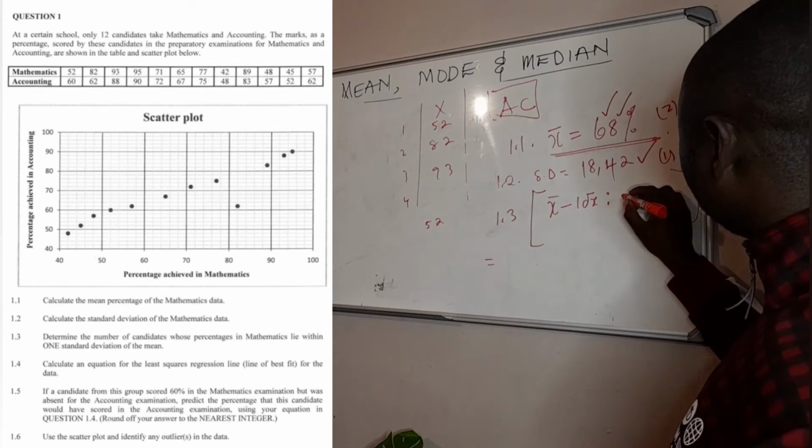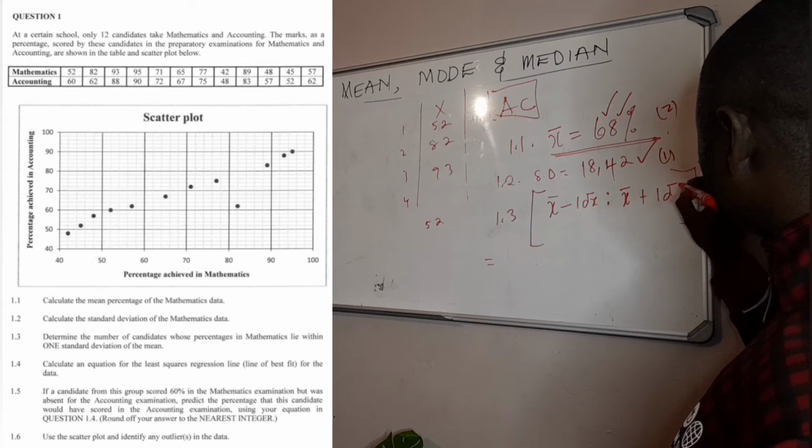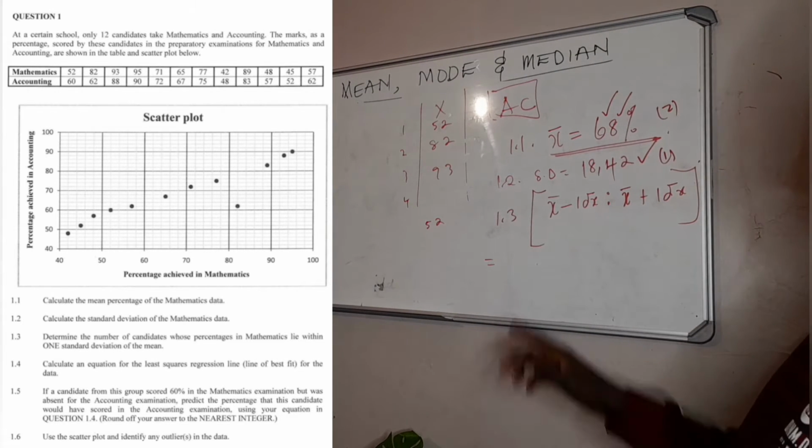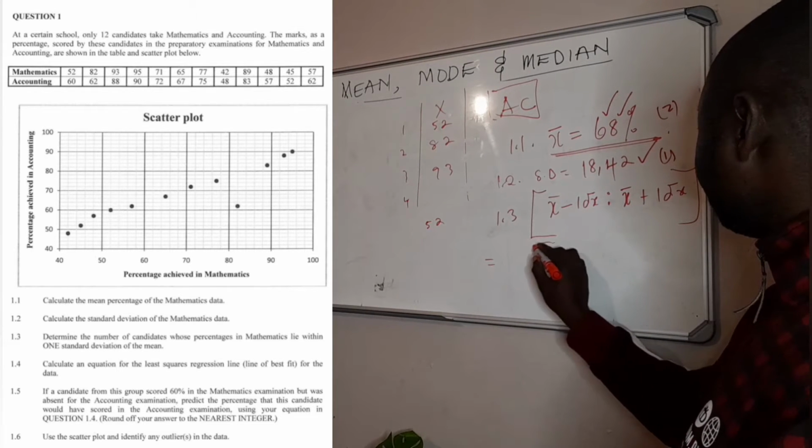So here we also have X bar plus 1 standard deviation of the mean. Okay, so now we put it into the formula. And what is your answer? 49,58.